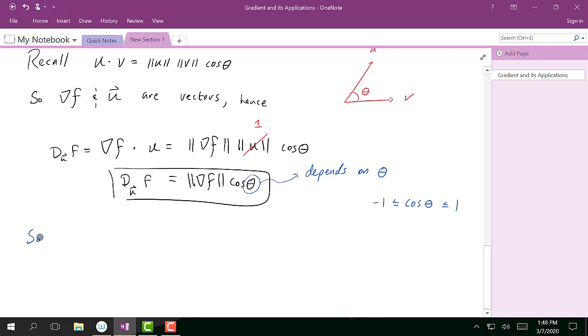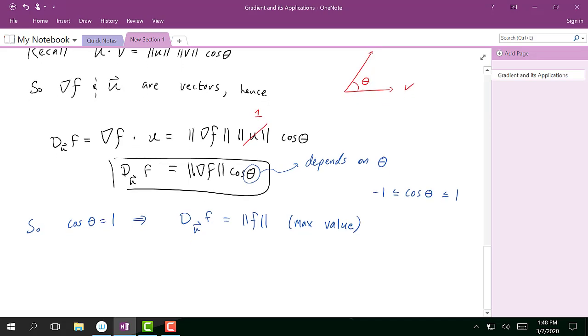And so if cosine of theta is equal to 1, then this means that the directional derivative of f in the direction of u is this right here, which is when it achieves a maximum value. So all of this is to say the maximum value of the directional derivative is going to be the magnitude of the gradient.